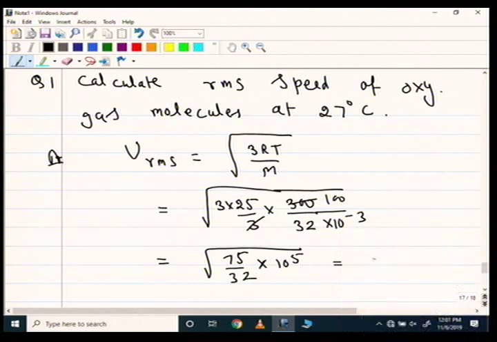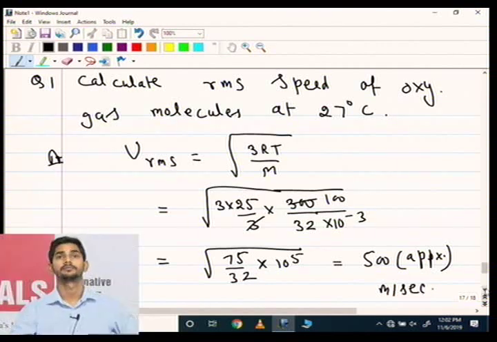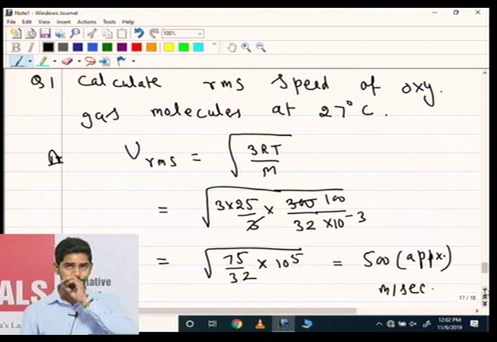So on solving this, you will get approximately 500 meter per second. You can solve that, you will get your answer. If you are getting some other answer, please ask me.